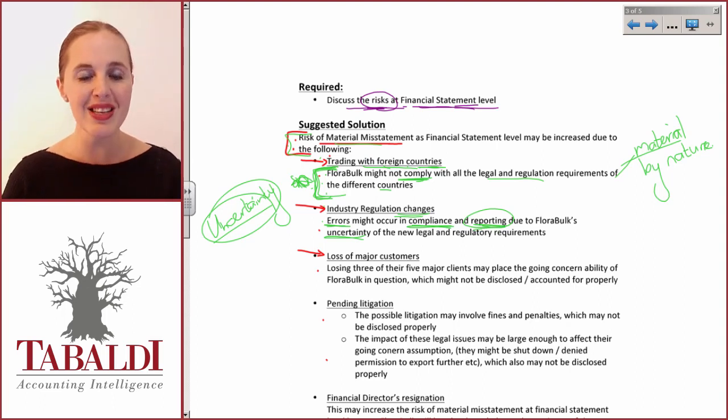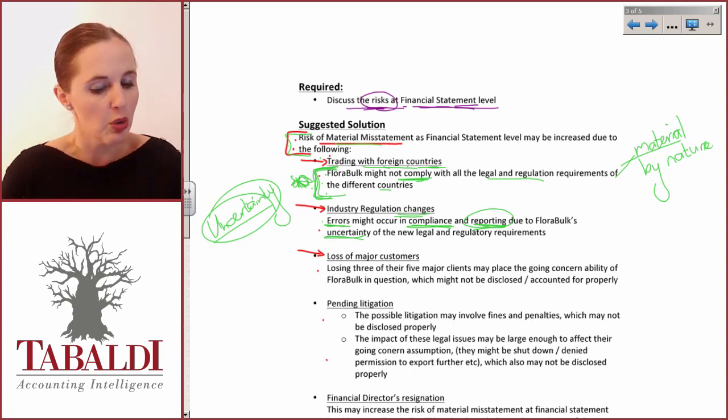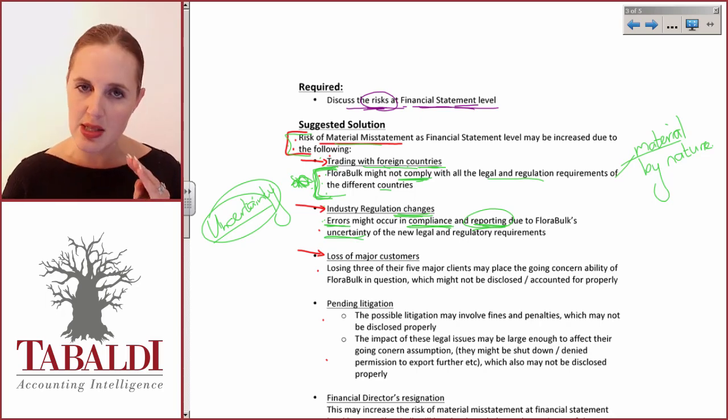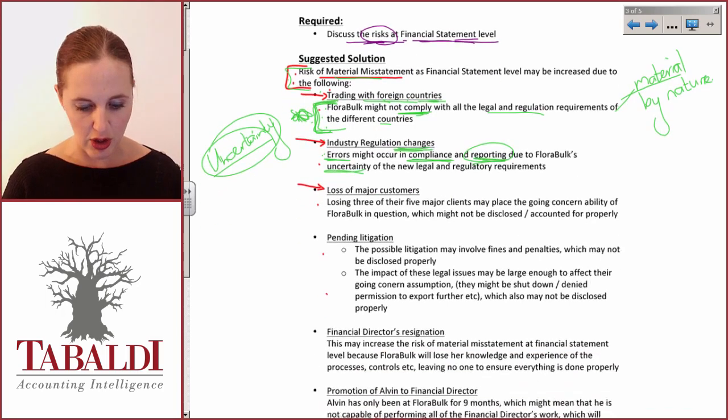And 2, there's a possibility that there's a reporting requirement in the financial statements that's now new and you don't know what that is. Okay, so industry regulation changes, errors might occur in compliance and reporting due to Flora Bulk's uncertainty of the new legal and regulatory requirements. Sums it up beautifully, tells me exactly what you think the risk is going to be.